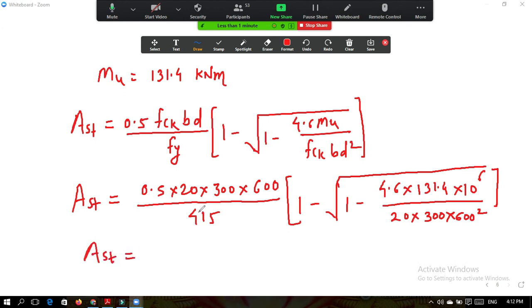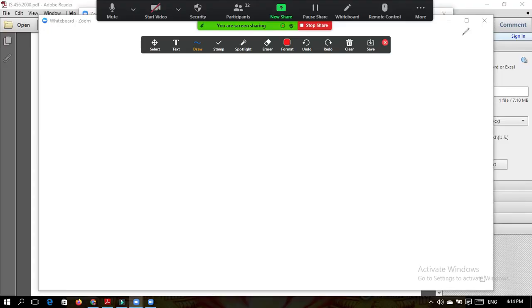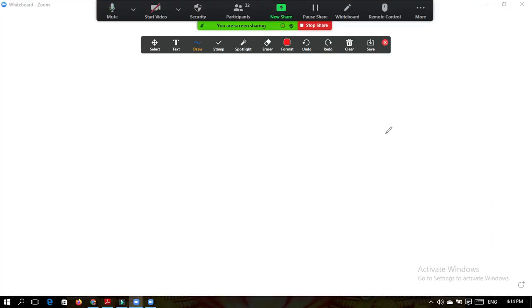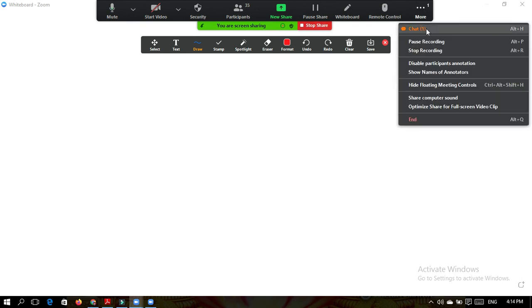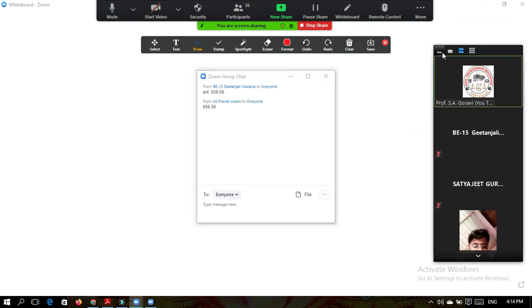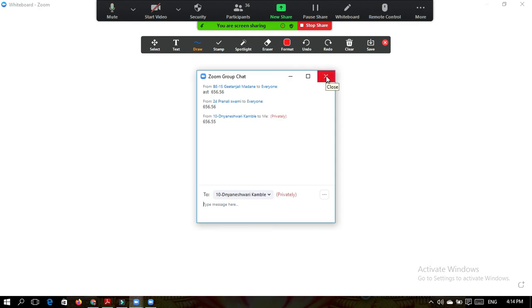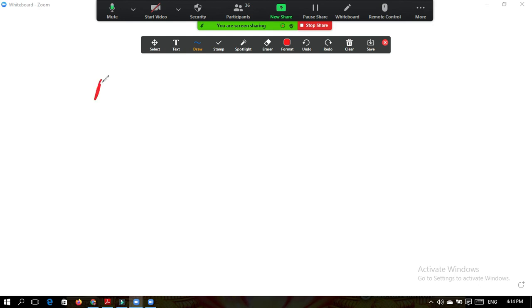So AST is equal to... calculate the bending moment. What is the value of area of steel? What is AST? The value of AST is 656.56. So AST is equal to 656.56 mm square.